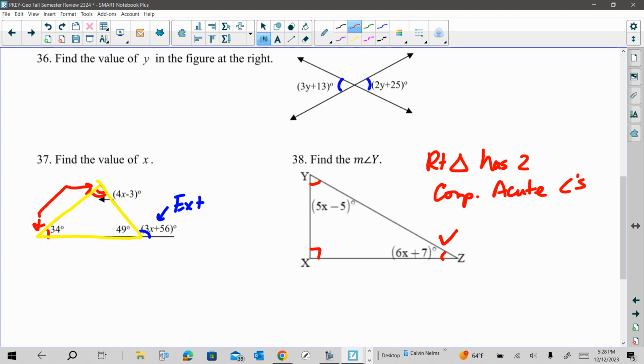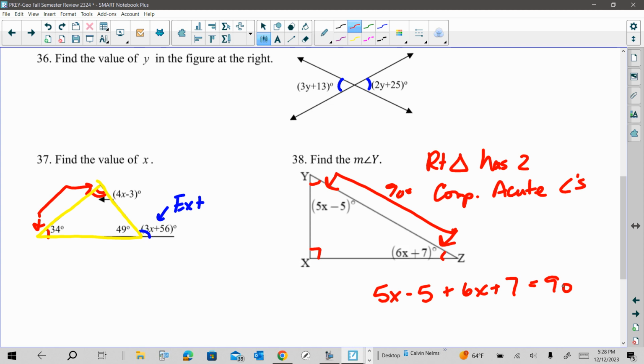These two angles in a right triangle always add up to 90 degrees. So instead of doing all three angles, I can just do the 5x minus 5 plus the 6x plus 7 equals 90.